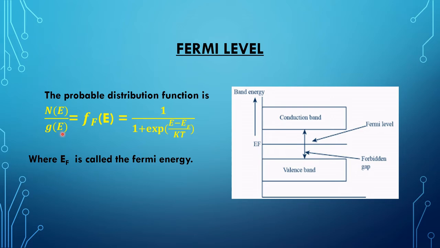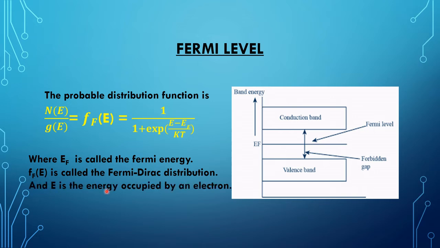Okay, and F(E) is called the Fermi-Dirac probability distribution function, and it gives the probability that a quantum state at the energy E will be occupied by an electron, and E is the energy occupied by an electron.